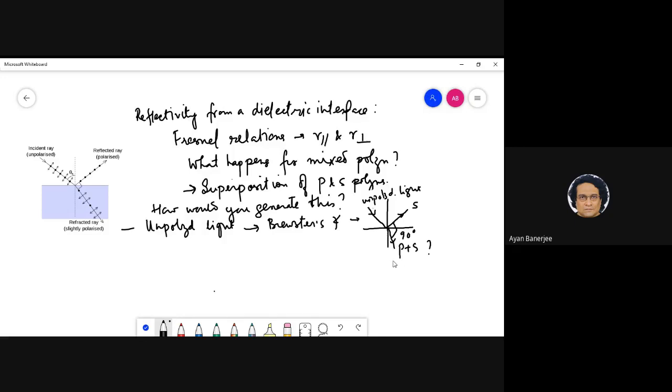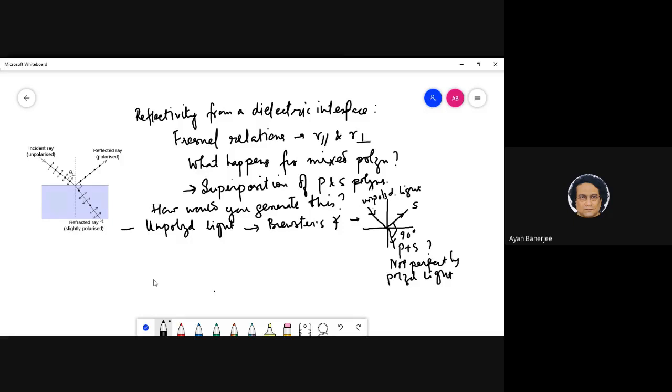So this is still not perfectly polarized light. So this is not quite good. Okay. By the way, Priyanuj said something about a polarizer.